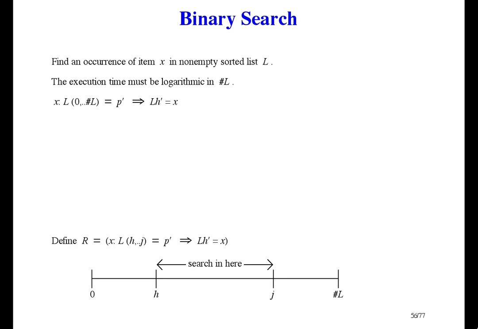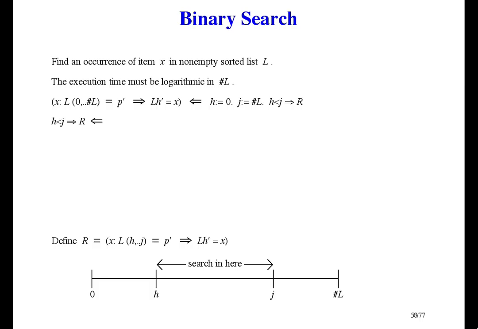To save writing, I define specification R to be the problem of searching in the segment from H to J. Now, the first refinement is easy. Set H to 0 and J to the length of L. Then the new problem is, given H less than J, because the list is non-empty, look for X in the segment from H to J.